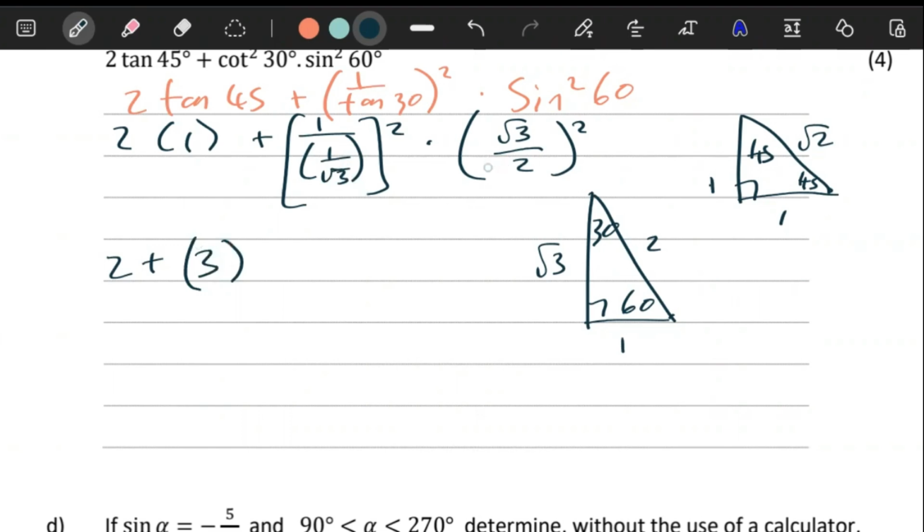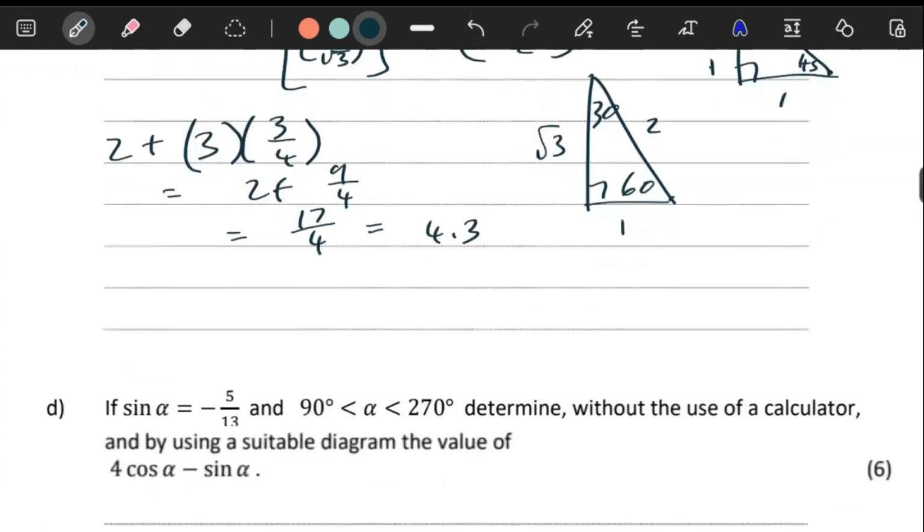This in the calculator is gonna give you 3 over 4. And then this is just going to give you 2 plus 9 over 4. To 1 decimal place, this is going to give you 17 over 4, and then obviously to one decimal place, 4.3.